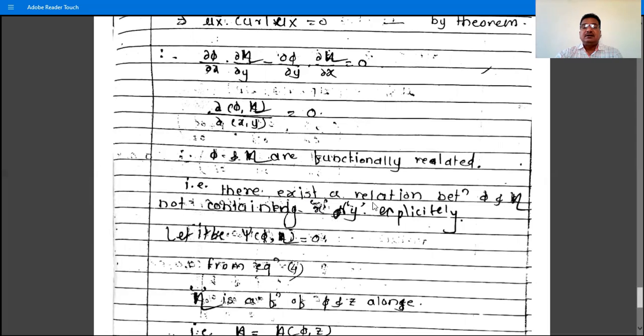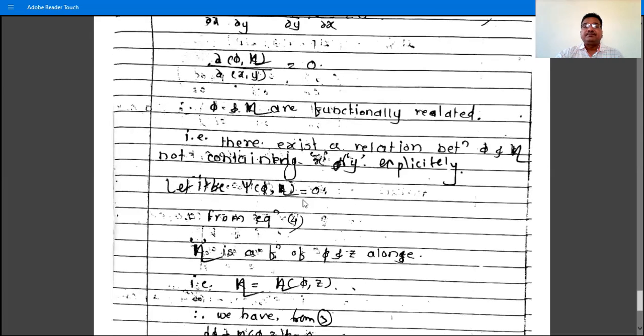Actually, this is the theorem in the previous chapter. Let the relation between φ and ν be ψ(φ, ν) equal to 0. As the Jacobian is 0, φ and ν are functionally related, and we write the relation as ψ(φ, ν) = 0.